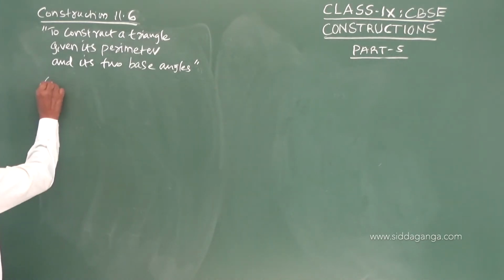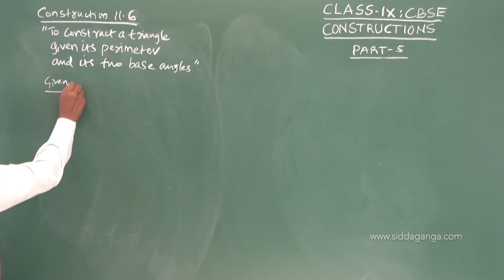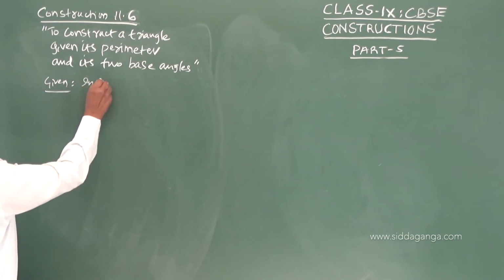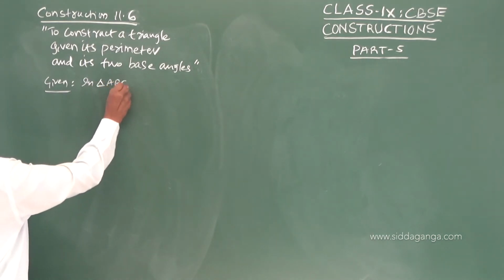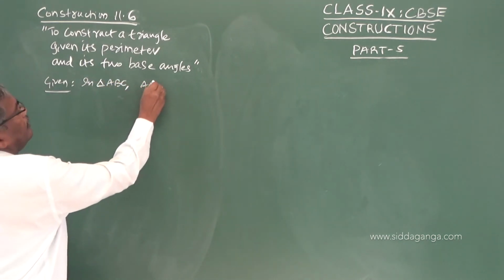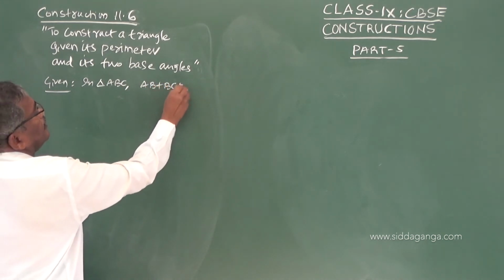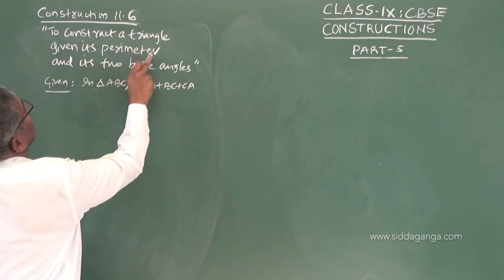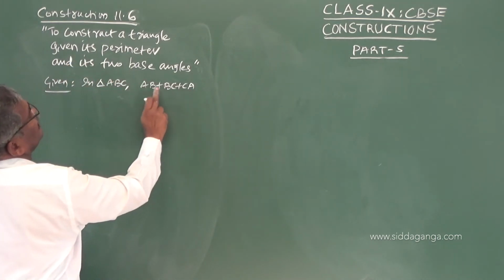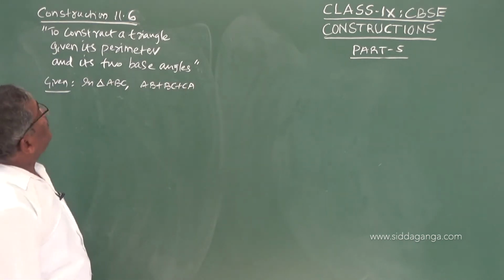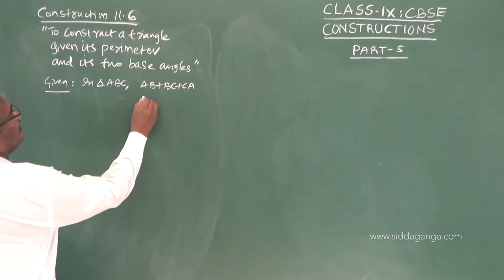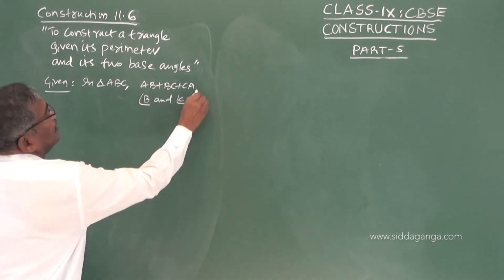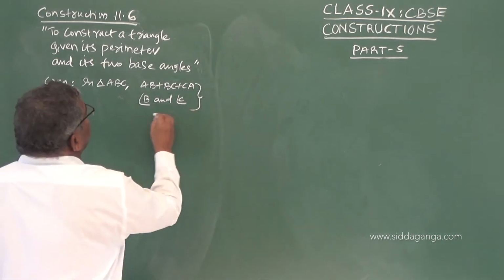Suppose in a triangle ABC, what is given? AB plus BC plus CA, the perimeter, the sum of three sides, and the two base angles, angle B and angle C. So these are given.